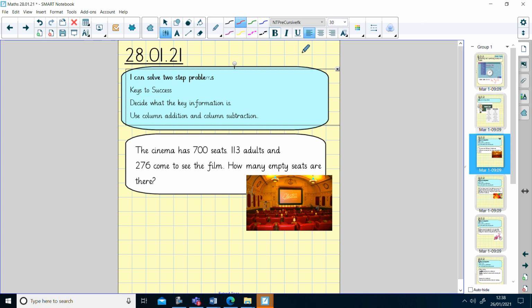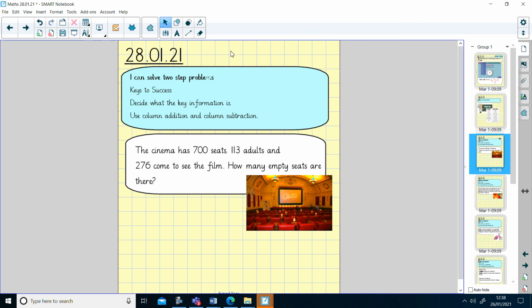So, our keys to success before we begin are decide what the key information is and then use column addition and column subtraction. So, in this problem here, I have got the cinema has 700 seats, 113 adults and 276.